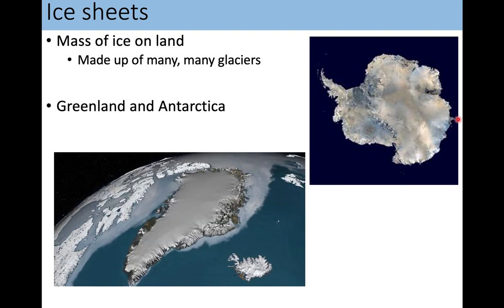They're made up of many, many glaciers. All along the edge of this ice sheet, all of these are glaciers here, flowing from the ice sheet out to the ocean. We're going to talk mostly about glaciers today, but where do they come from? They come from ice sheets. Glaciers are flowing ice from the ice sheet out into the ocean.